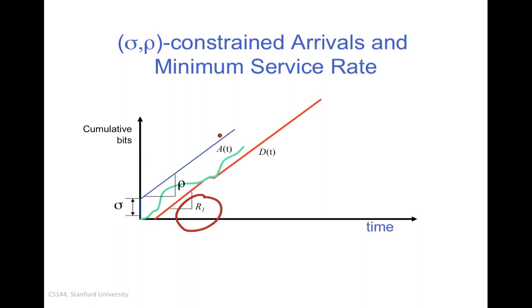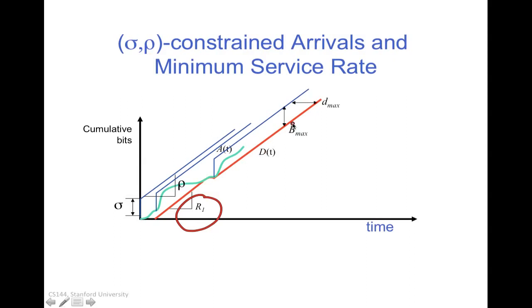Remember that this constraint must be held for all times, wherever I start the sigma plus rho t. So if I slide it along, for example, starting here and starting here, it must be true on all of those occasions. But if I do that, then I know that the distance between A of t and D of t is less than the distance between this blue line and D of t.